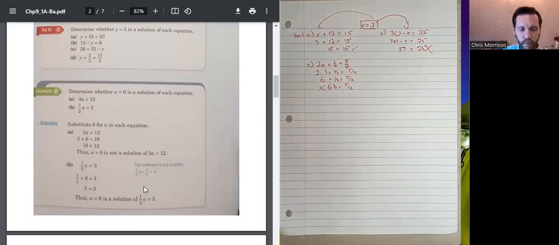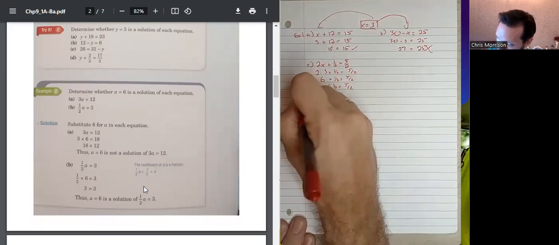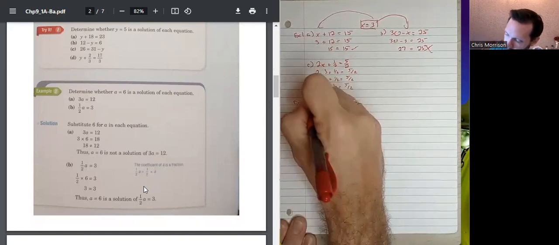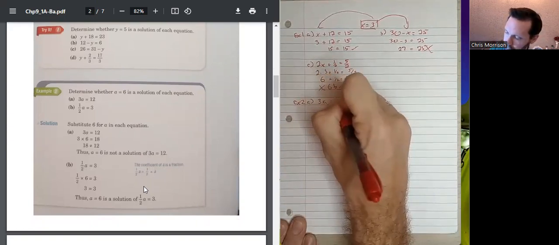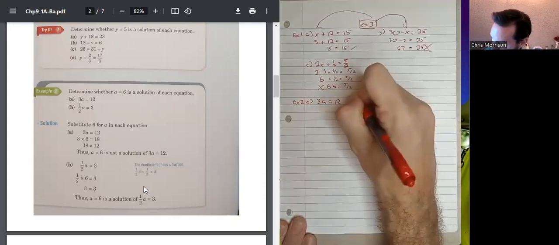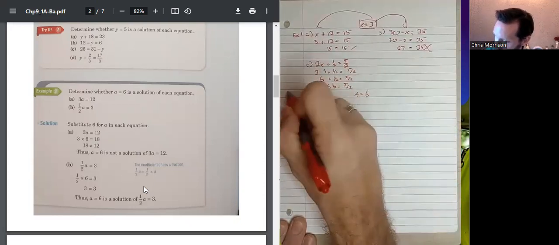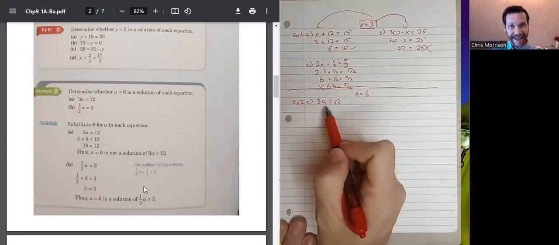Determine whether a equals 6 is a solution for each equation. We do the exact same procedures. Look at example 2. And here, A is going to be 3a equals 12. And what are we assuming? We're assuming that a equals 6. Let's put a line here so we're not confused. a equals 6. Again, notice this time it's a, not x.